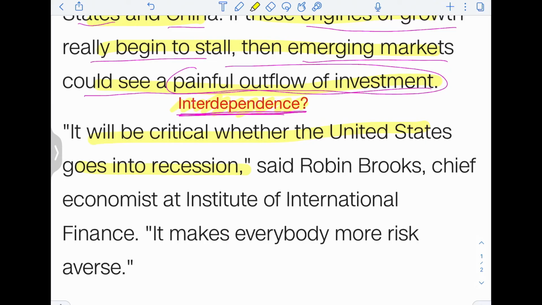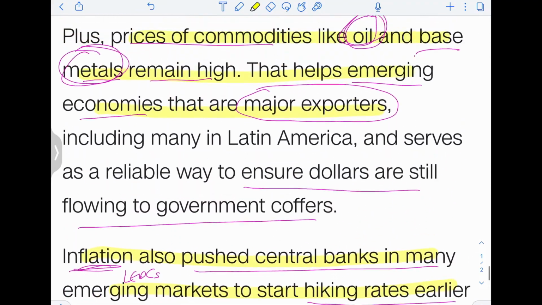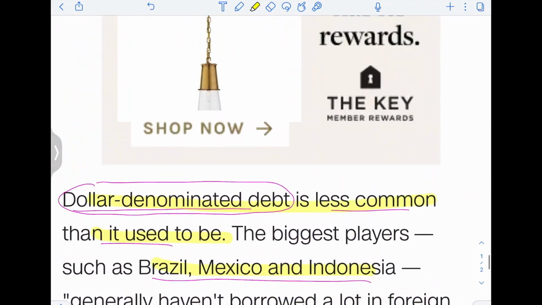So it will be critical here, the author ends by saying, it will be critical whether the United States goes into a recession. Okay, it makes everybody more risk averse. And there you go. I just went through the article, I evaluated, I discussed what's happening.